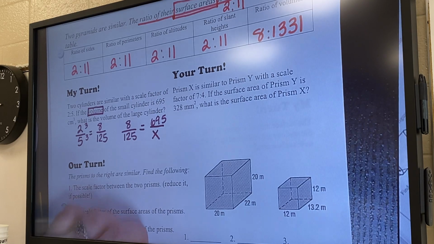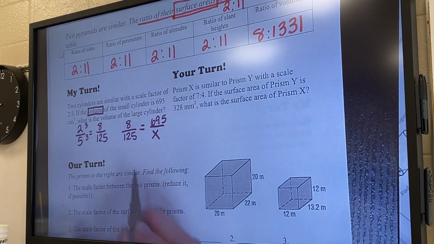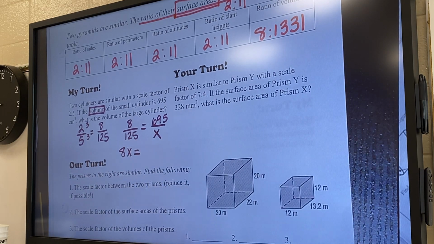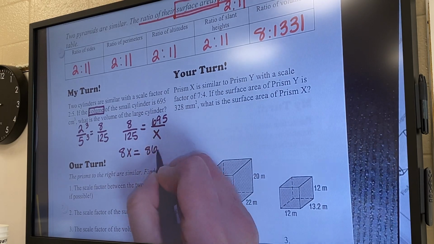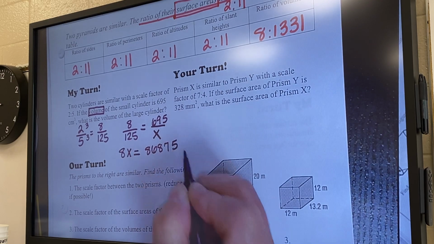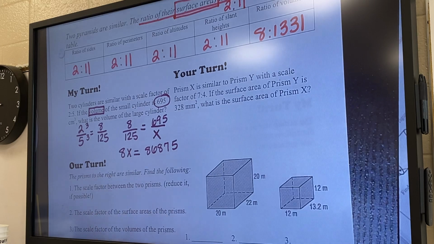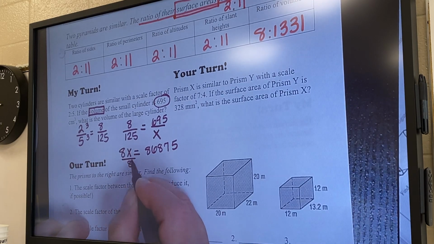Cross multiply and divide. So we get 8x equals, what is 695 times 125? 86,875. How'd you get 695? It's in the problem. And then what do you do to get rid of the 8? Divide by 8.